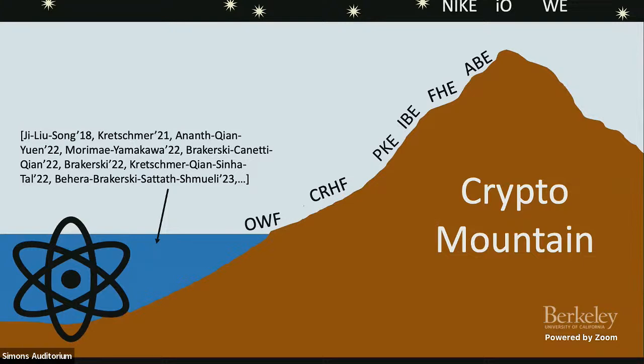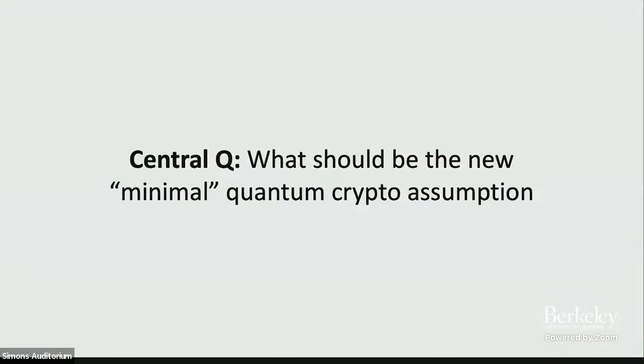And so there's this whole sea now of these less than one-way function computational assumptions that we could plausibly make in the quantum space. And the point of this talk is to just explore what should be the new minimal quantum crypto assumption.